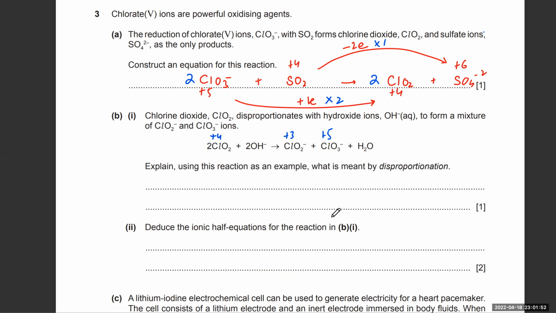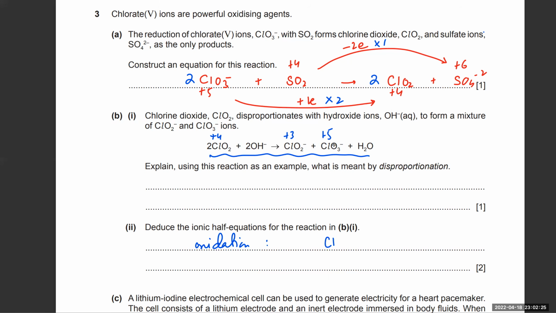Deduce the ionic equation for the reaction in B1, this one. So we're going to write the ionic equation. So deduce the ionic half equations for the reaction. So we need to split it up into two equations. There's going to be an oxidation equation and there's going to be a reduction equation. So let's talk about the ionic half equation, the oxidation equation. So +4 to +5.